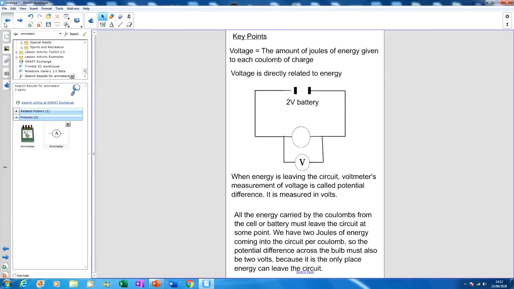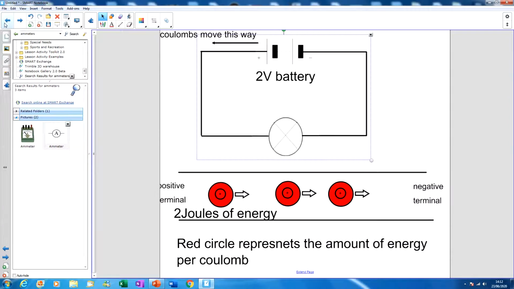Now, the eagle-eyed people amongst you would have noticed that before, when we moved from a 2 volt battery, not only did the energy change, but also the size of my arrows changed, because the second job of a battery or cell or any power source in a circuit, whatever it may be, is to get the coulombs moving.